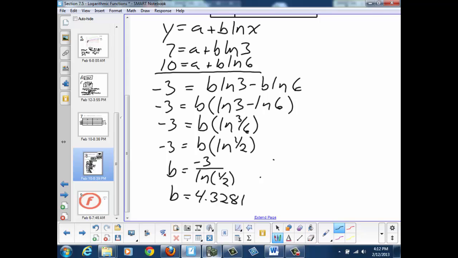So we'll take our first equation here, and we'll replace b with its value. So 7 equals a plus 4.3281 times the natural log of 3. So a is going to be equal to 7 minus 4.3281 times the natural log of 3.